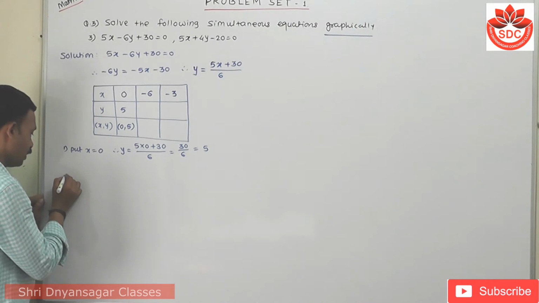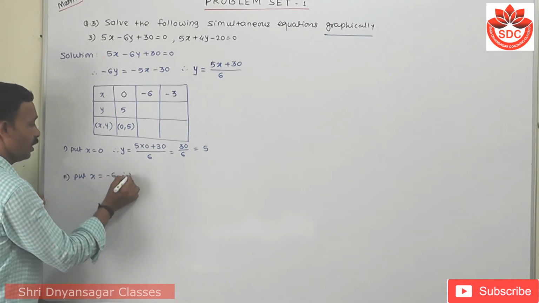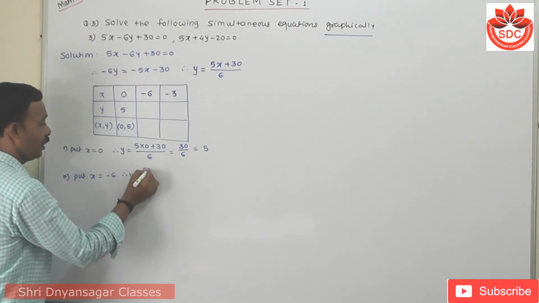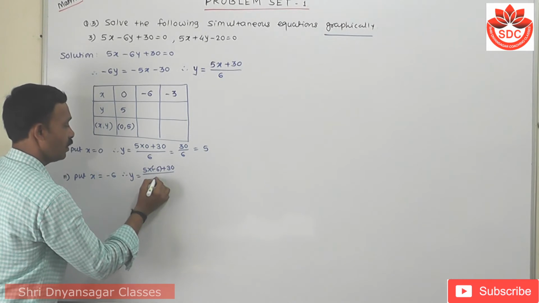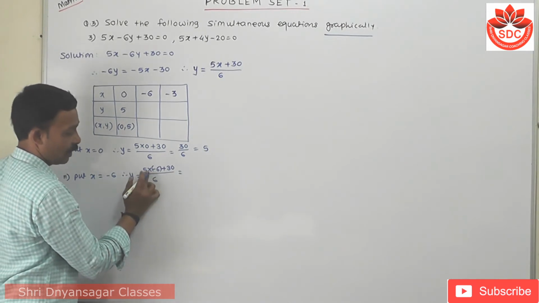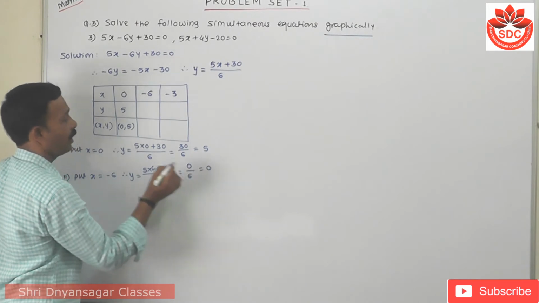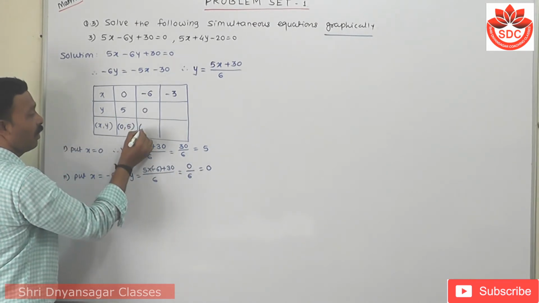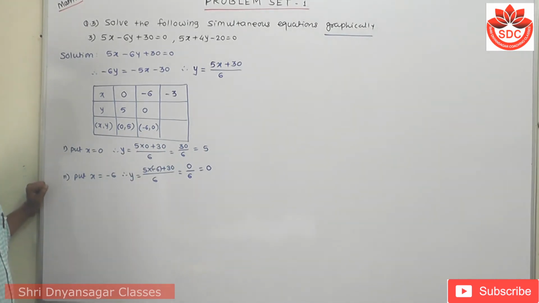Then the second one: put x equals -6. Therefore y equals 5 into -6 plus 30 upon 6. Doing this, -30 plus 30 is 0 upon 6. 0 upon any number is 0. So our ordered pair is (-6, 0).